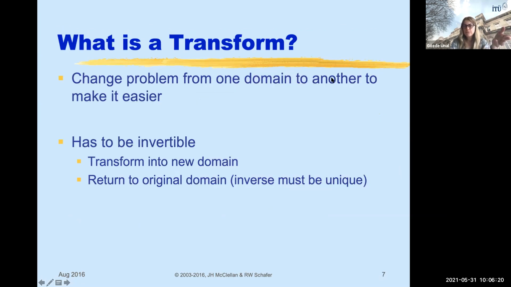Okay, some extra information. What is a transform? We change a problem from one domain to another domain to make it easier. Here in this course, it's the time and frequency domain. And of course, it has to be invertible. When I go from time domain to frequency domain, I need to come back, right? Because I can transform to the frequency domain, do my signal manipulation there, and come back to the time domain again.